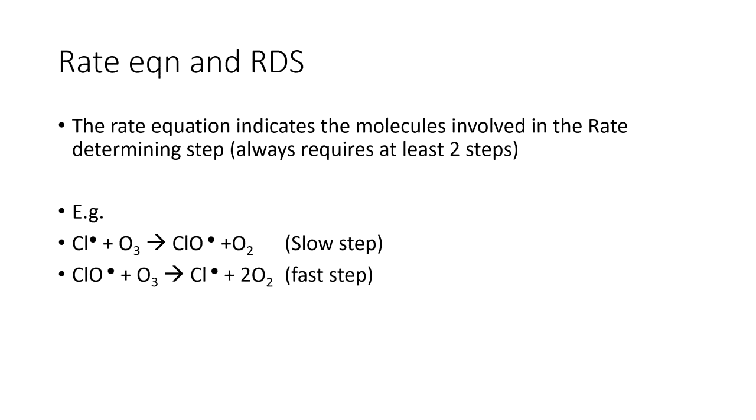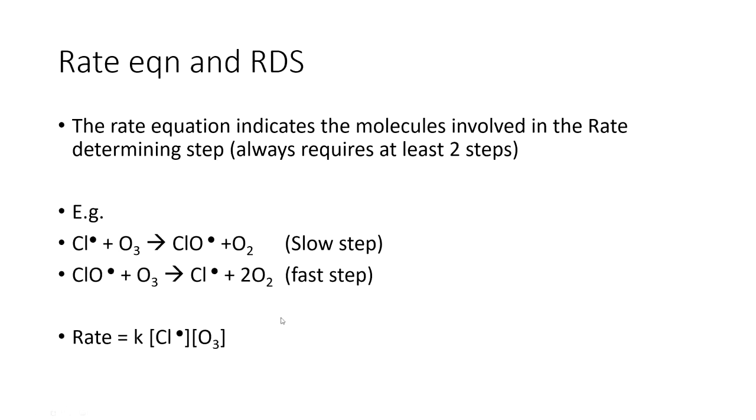As far as we're concerned, the second step is instantaneous. If we have a little look at that, we can hopefully see that we've got one chlorine radical involved and one molecule of ozone. Those are the only items that are in our slow step. Those are going to turn up in our rate equation in those same proportions.